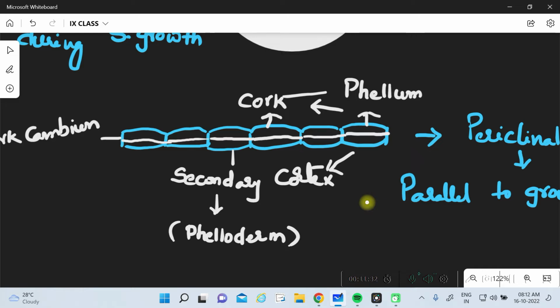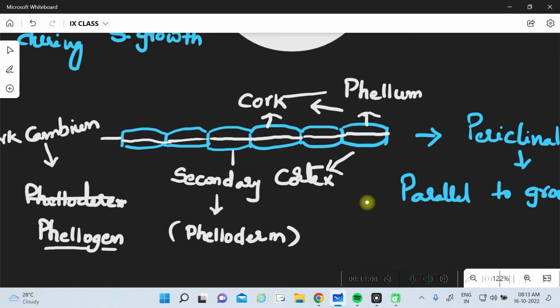And similarly, the technical term for the cork cambium is called phellogen. Phellogen means generator of phellem. The cork cambium divides periclinally, and on the outer side it forms phellem, and towards the inner side it forms phelloderm. So these are the three terminologies that you should remember.